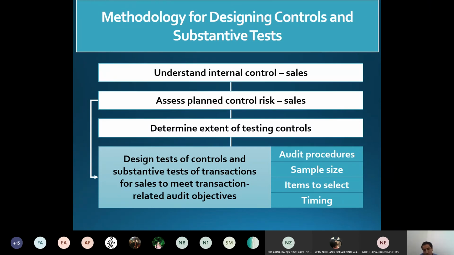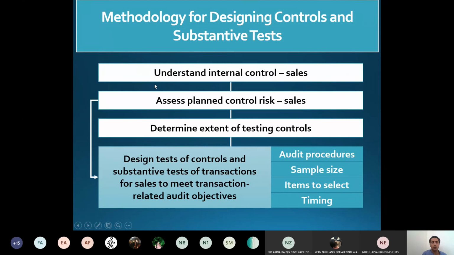When we design the test of control and substantive tests of transactions, we should bear in mind 4 items to be included: type of audit procedures, the sample size, items to select, and the timing of the test.